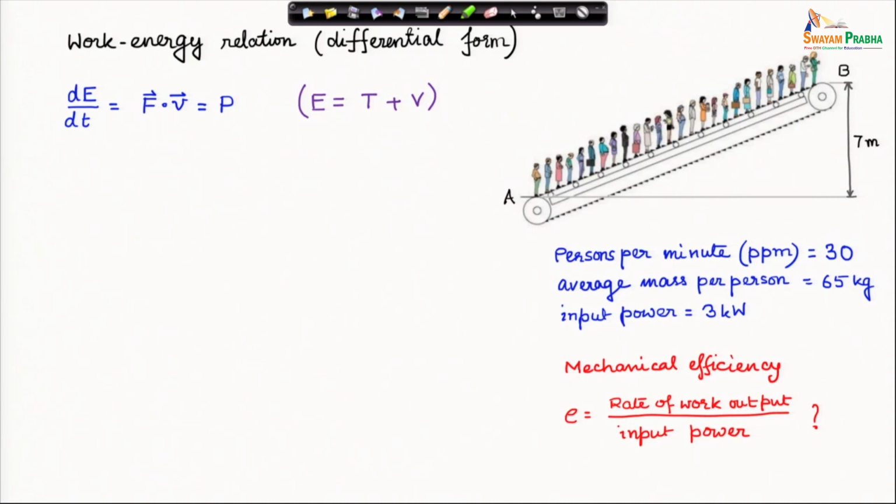Of course, here the power supplied is given to the motor, and the rate of doing work of the escalator has to be calculated, and then there will be a difference. Why this difference? Because there are losses. This is not a conservative system. We have to find out how much is the efficiency.